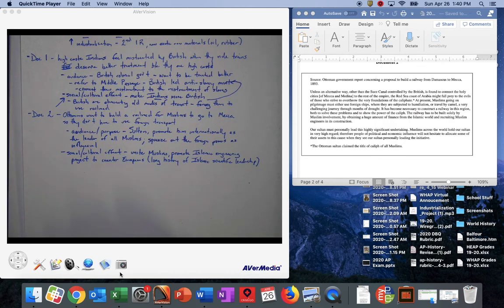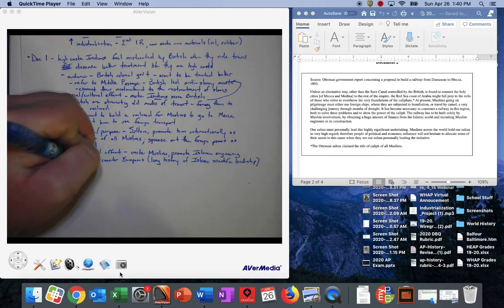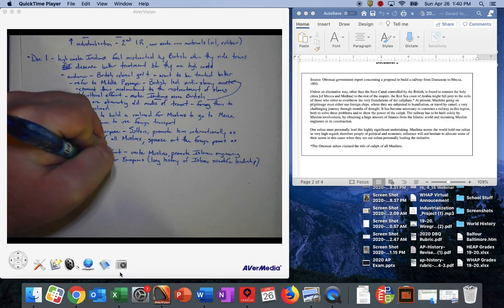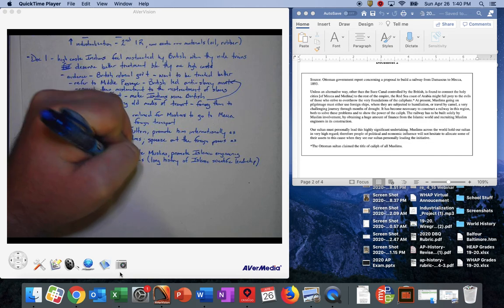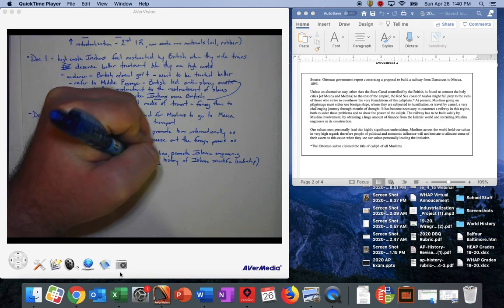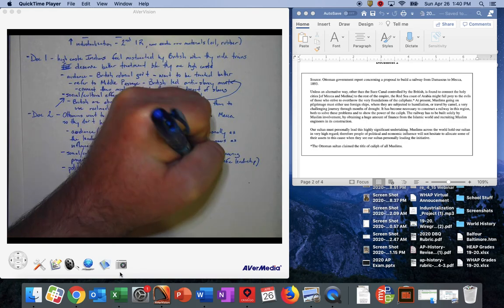The other type of effect here is a political effect, in that the Ottoman Empire needs to catch up to the Europeans.